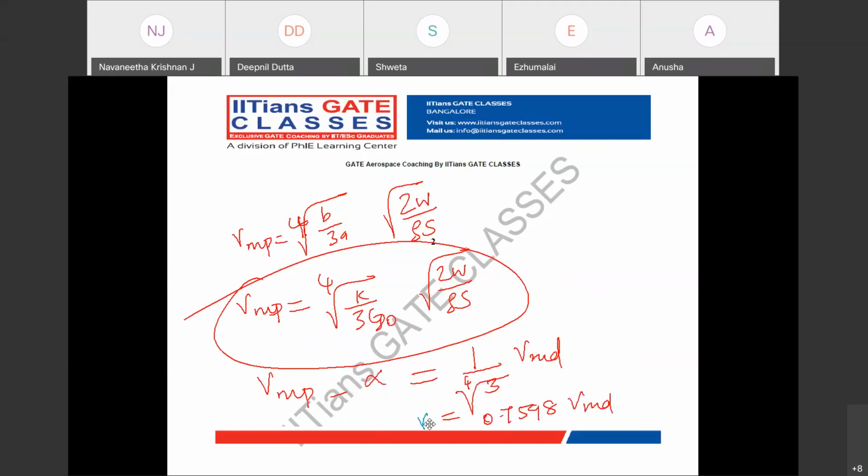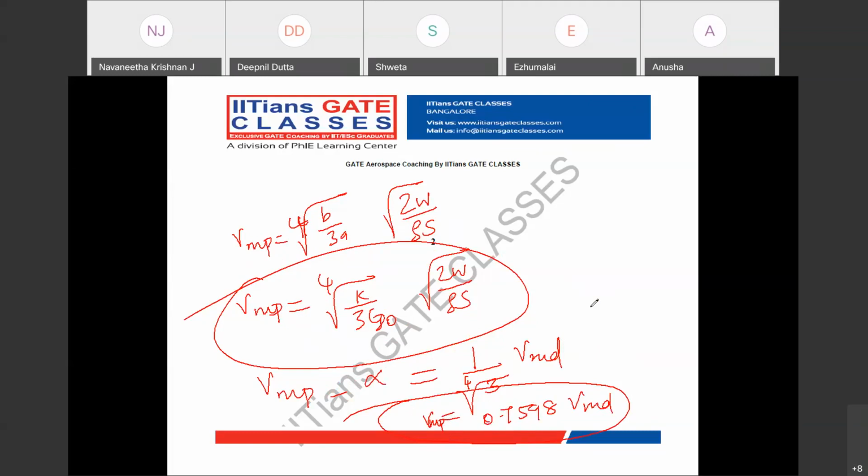That is, minimum power required speed is lesser than the minimum drag speed. It is only around 75 to 76% of minimum drag speed. So minimum power speed is always less than the minimum drag speed.